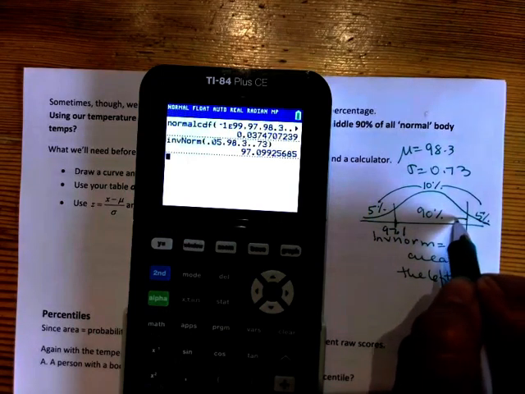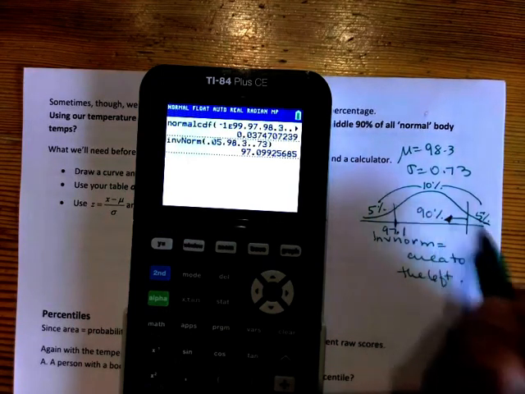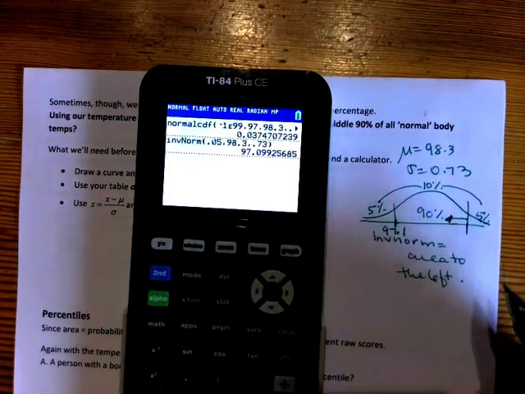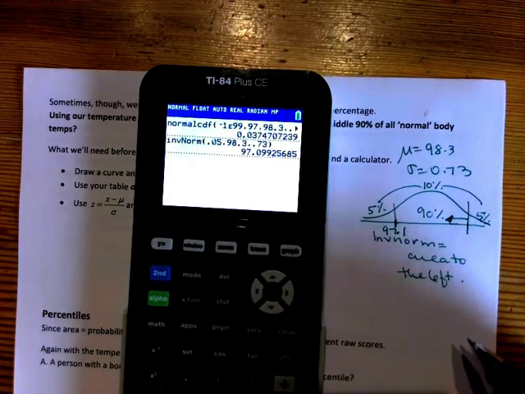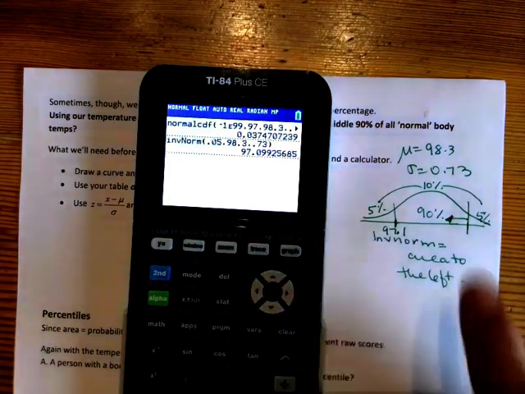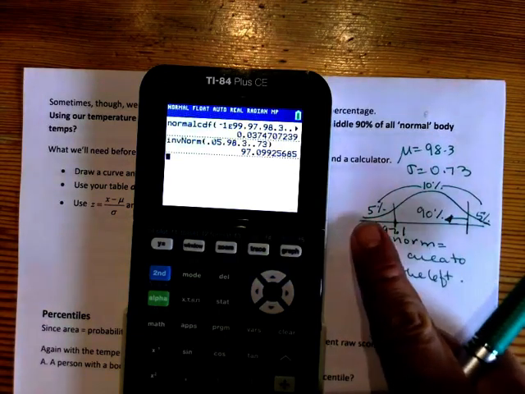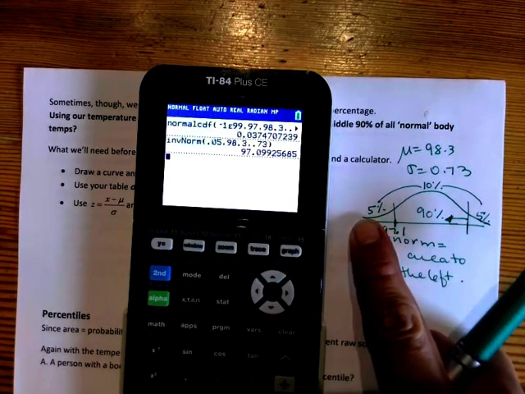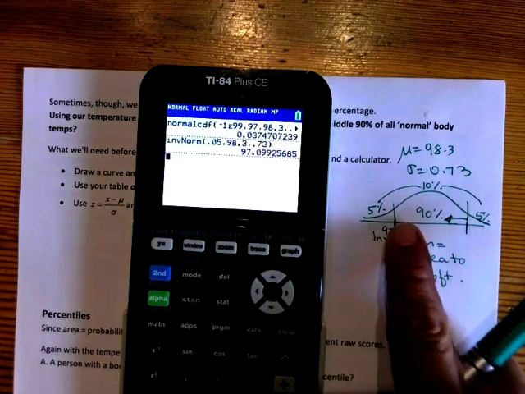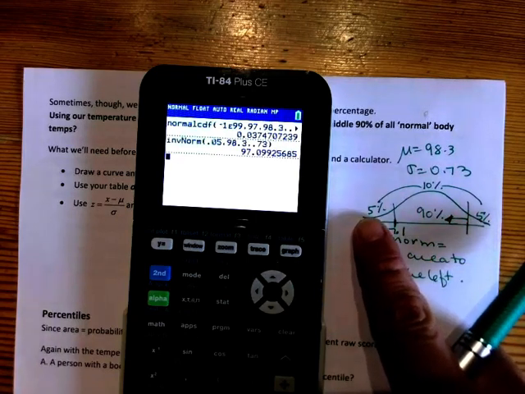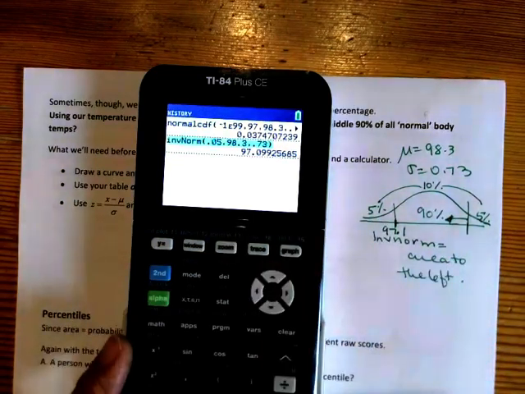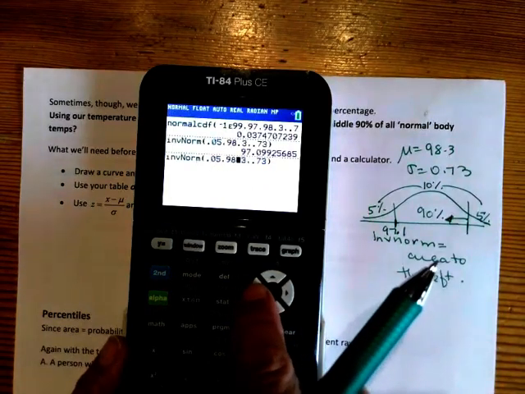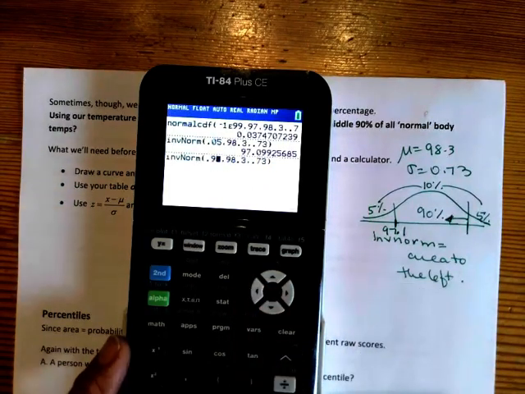Now the area to the left of our right-hand temperature is going to be the 90% in the middle plus the 5% further on to the left. So 90 plus the 5% would be the area I'm going to look up. I'm just going to change that 0.05 to 0.95.